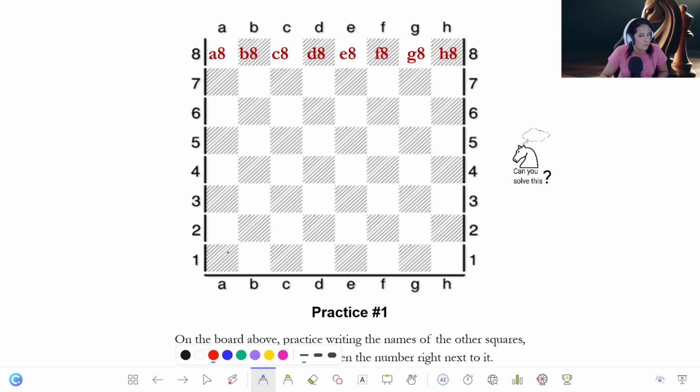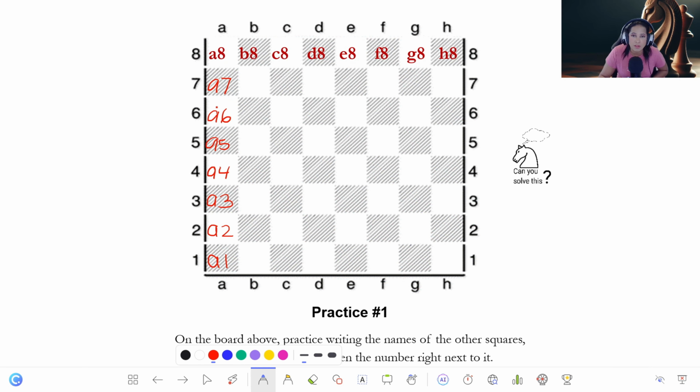So we're going to go up from 1 up. And this one is A1, A2, A3, A4, A5, A6, and A7. Okay, so these are the names of the squares on the A file.